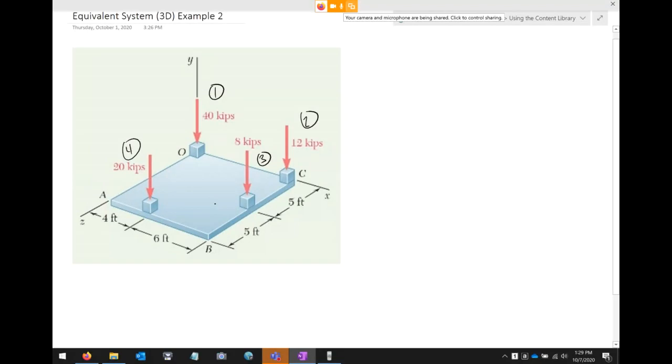I've just come up with something to go off of. Now, let's take number 1. Help me out with number 1. What is the force vector for number 1? If you were to express that 40 kip load as a vector, how would you do that?